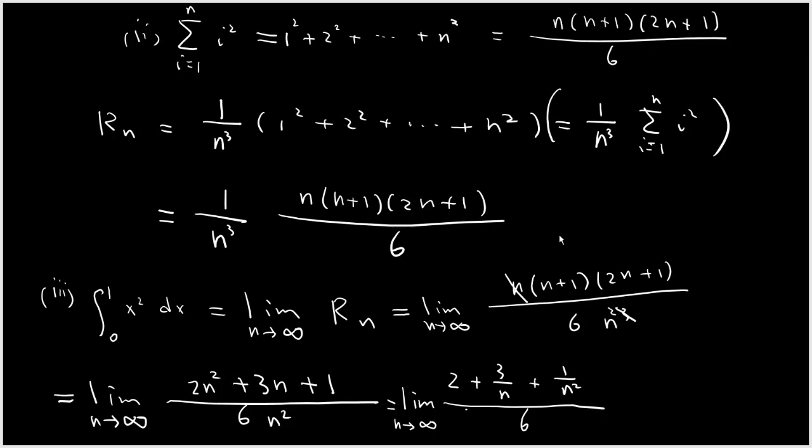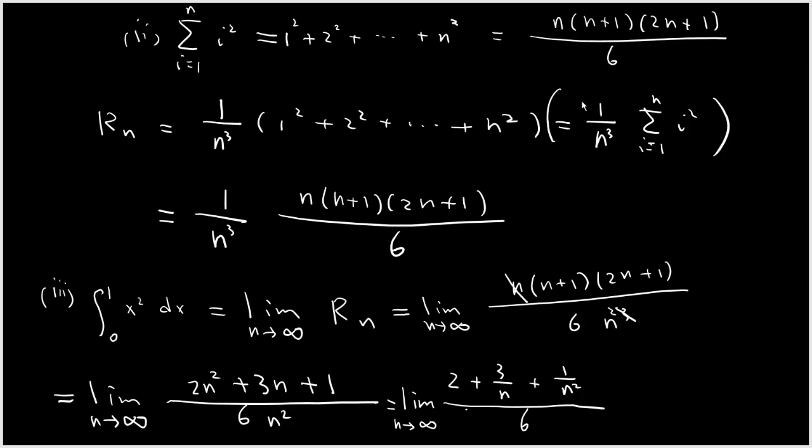Anybody want more details on that, or can you recall the technique? You divide the numerator and the denominator by n squared. That's a trick we use to evaluate the quotient of two polynomials.